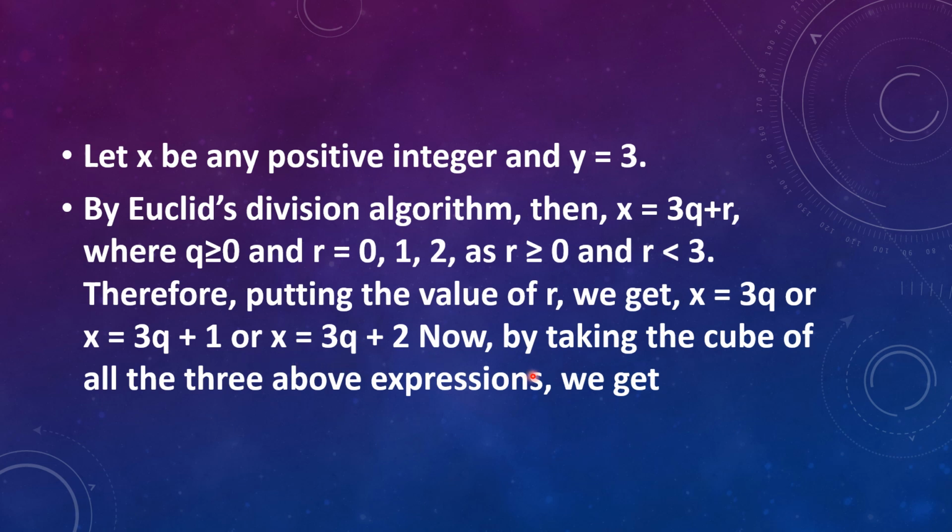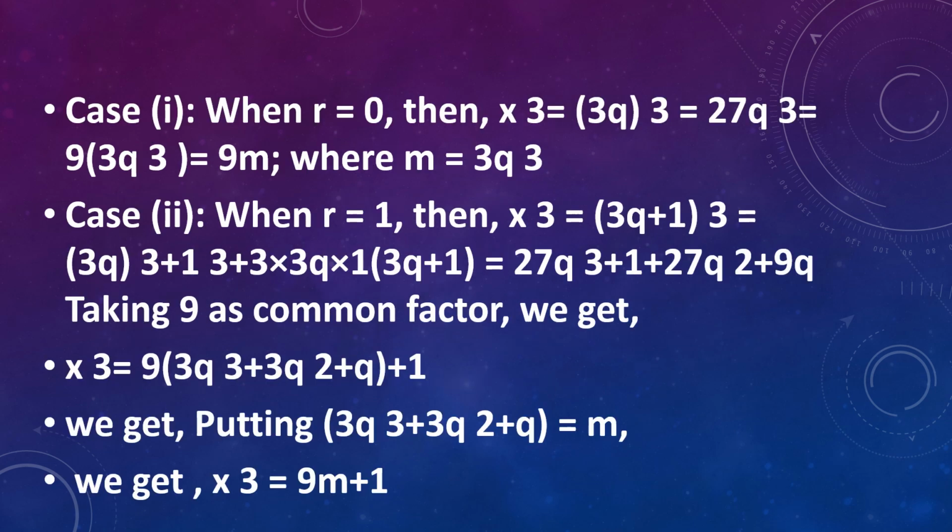Now, by taking the cube of all the 3 expansions, x cube, we are going to consider 3q the whole cube, 3q plus 1 the whole cube, and 3q plus 2 the whole cube. So, when r equals 0, x cube equals 3q cube. What is 3 cubed? 3 multiplied 3 times is 27, so 27q cube.